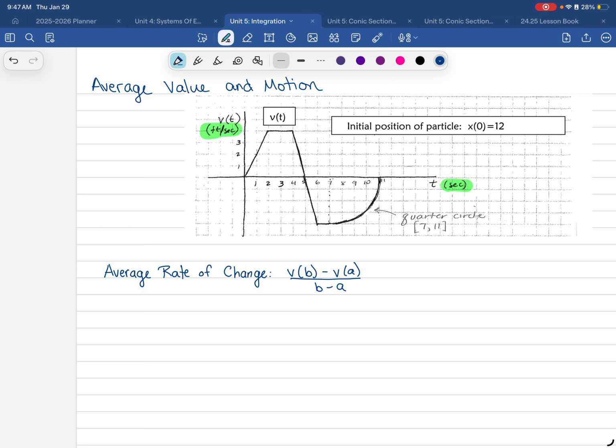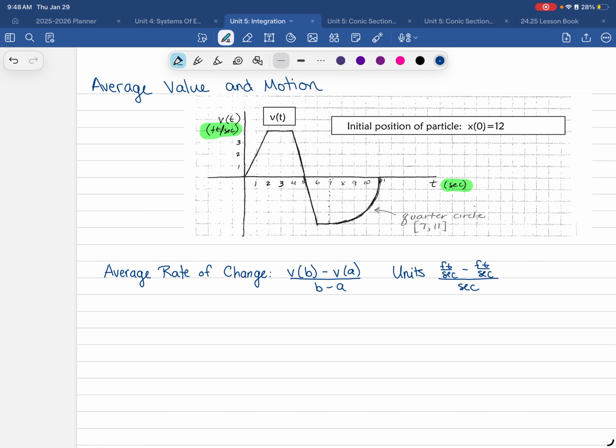Before we put numbers in, I want to get an idea of what the units look like here. If we were just breaking this down with the units without any actual values in for v of b and v of a, we would have velocity, which in this case is feet per second, subtract feet per second, another velocity, all over seconds subtract seconds.